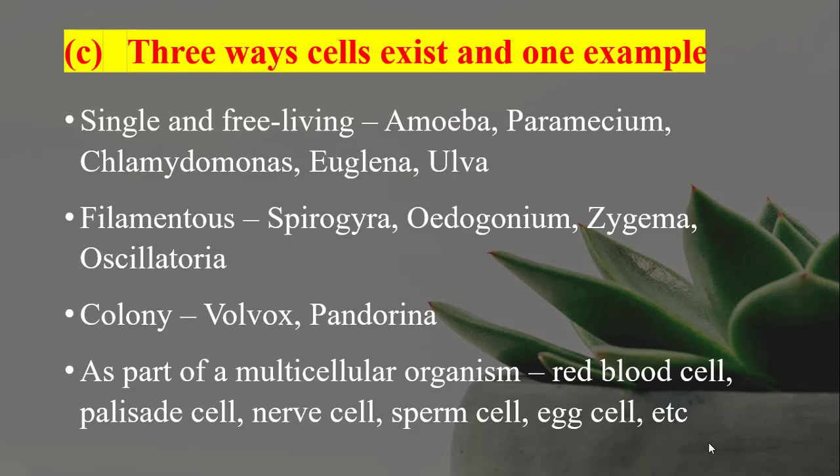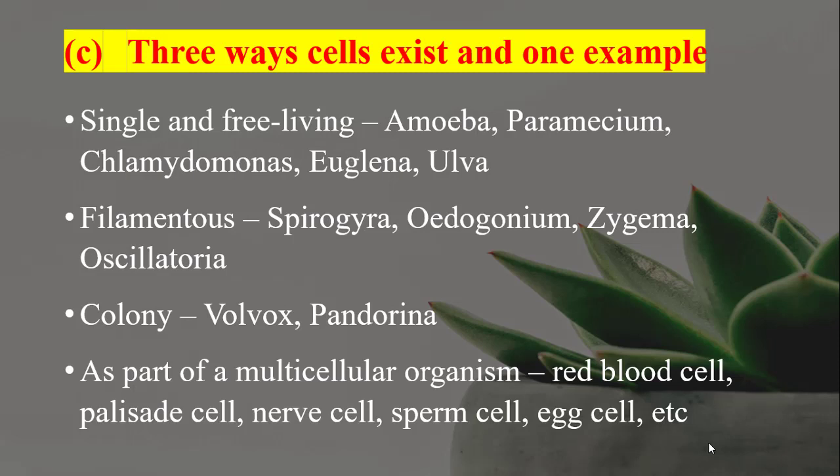Then we also have filamentous organisms like Spirogyra, Oedogonium, Zygnema, Oscillatoria, and so on. That one too is worth 1 mark, so either one you give is 1. Then we have those that live in a colony. For colonial organisms, we have Volvox and Pandorina as examples.